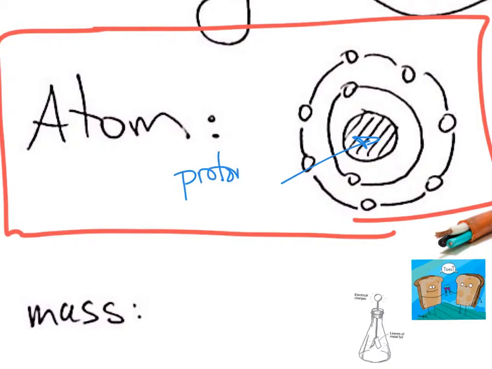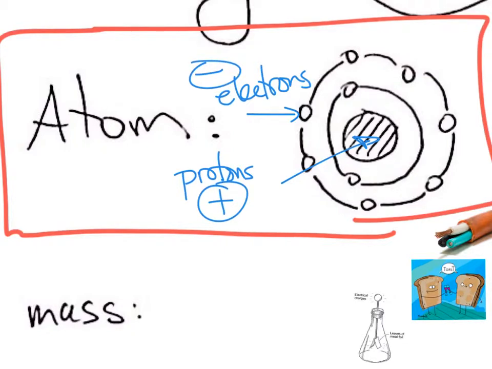So these protons are positively charged, and then surrounding it there are these electrons, and electrons are negatively charged. So when we talk about something becoming charged, gaining charge or losing charge, it's basically the electrons that are moving around. The protons being in the nucleus, the middle of the atom, they're kind of stuck, but a lot of the time electrons are free to move.